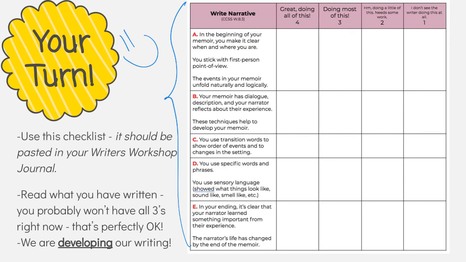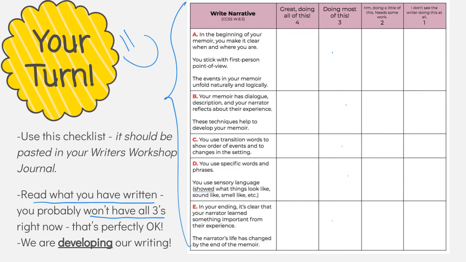So read what you have written in your writer's workshop journal. You probably won't have all 3s right now, and I don't want to see you just checking the 3s box to be finished with this mastery check. Really look at what you've written and see what you're doing and how you're doing it.